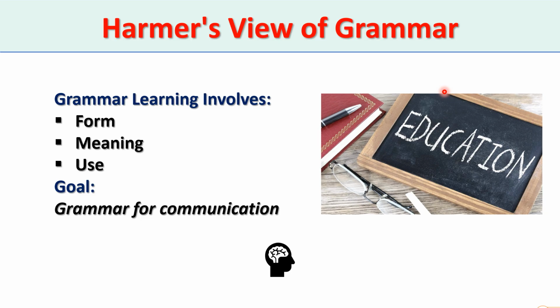Present simple, present continuous, present perfect, past simple, past perfect, past continuous, etc. If we explore each tense, for the present simple, you must say subject plus verb 1. So this we call the form of the grammar of the tense. Do you get it, everyone? For the form.